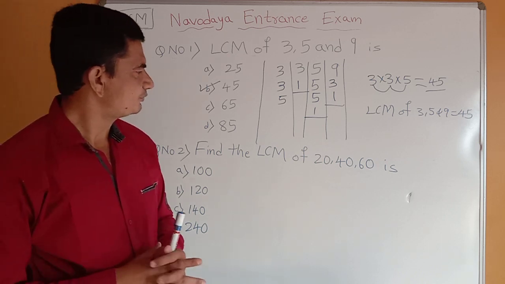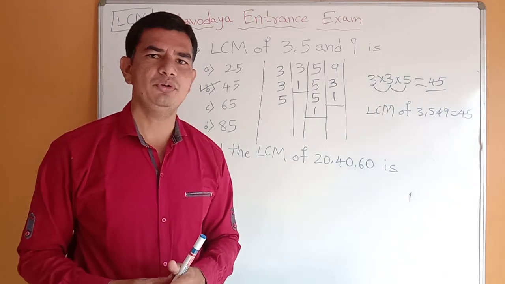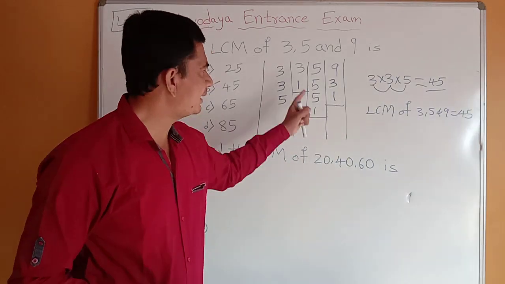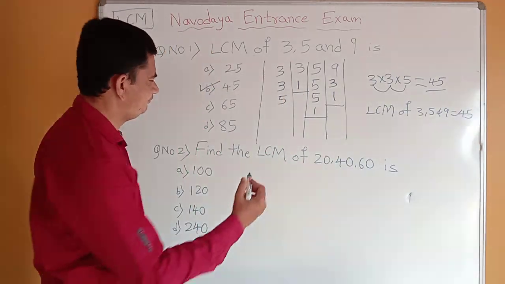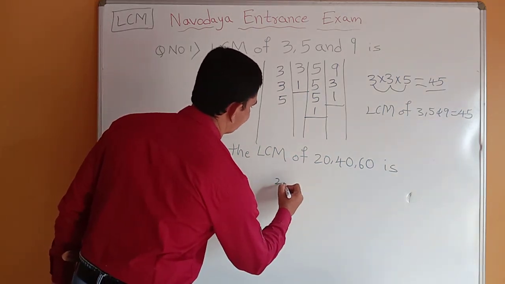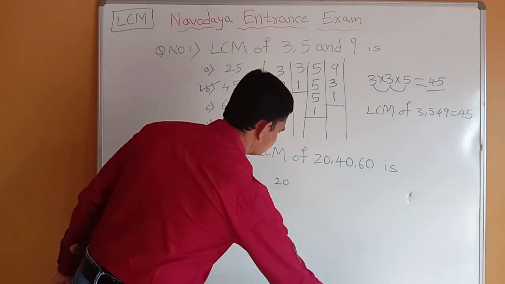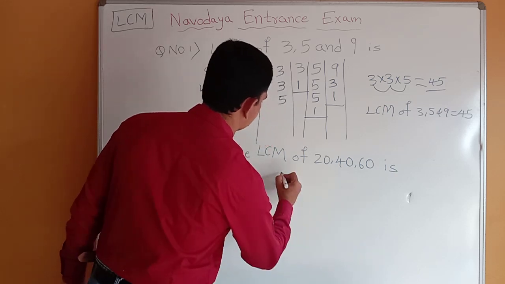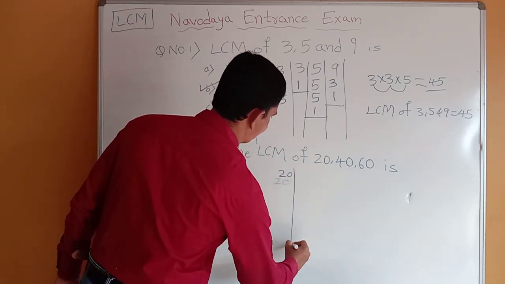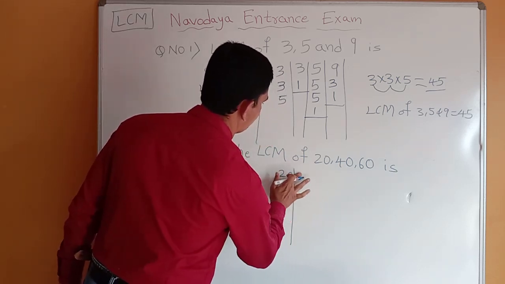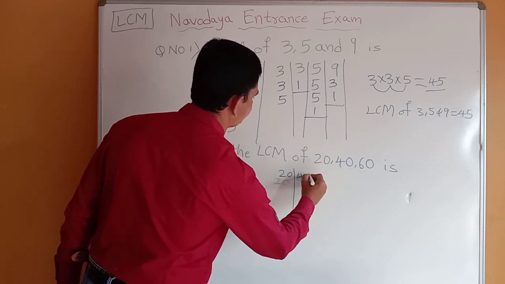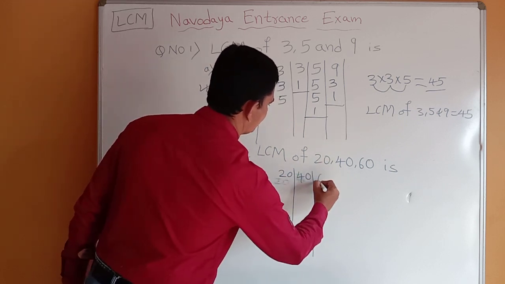So students, again we have to solve this by the prime factorization method. Write 20, 40 and 60.